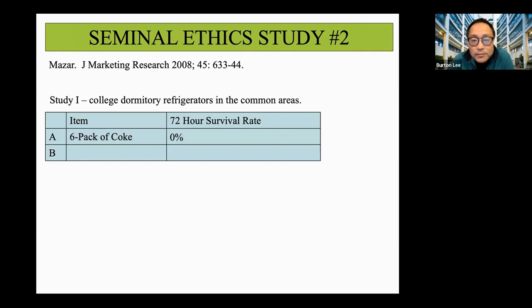The part that's really interesting now is that these researchers then decided to go to a different dormitory. And this time, instead of 6 cans of Coke, they put 6 $1 bills in the refrigerator. So that's a little odd, but they also wanted to see whether these dollar bills would survive the 72 hours.